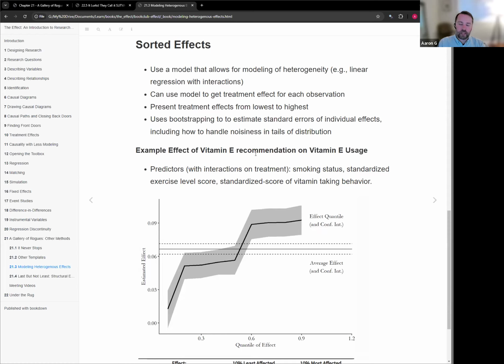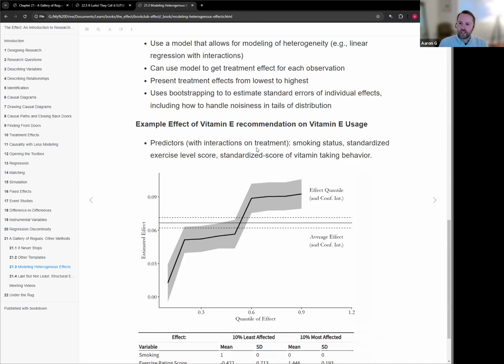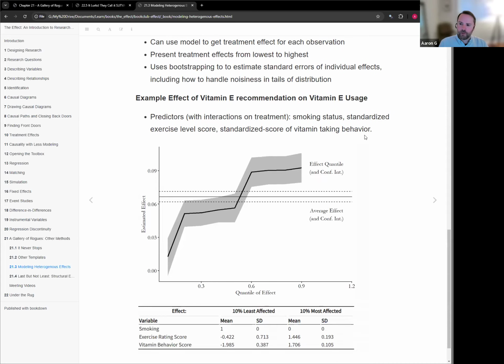If your treatment is a 0 or 1 binary variable, you can get a prediction assuming it is 0 or 1, leaving all the other coefficients the same. That gives you a treatment effect right there, and you could do that with every observation in the data. So you have observation-level treatment effects. That seems pretty obvious, and you could do that with a lot of the models we've talked about.